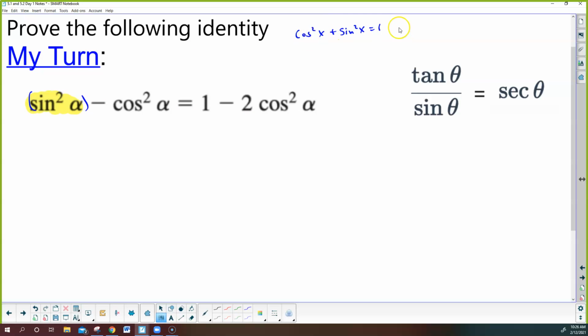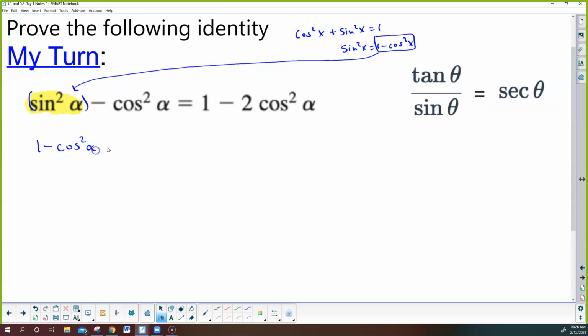Well, what if I move this cosine back over here? I know that sine squared can be replaced with 1 minus cosine squared. And then I used x, but really we're using alpha.